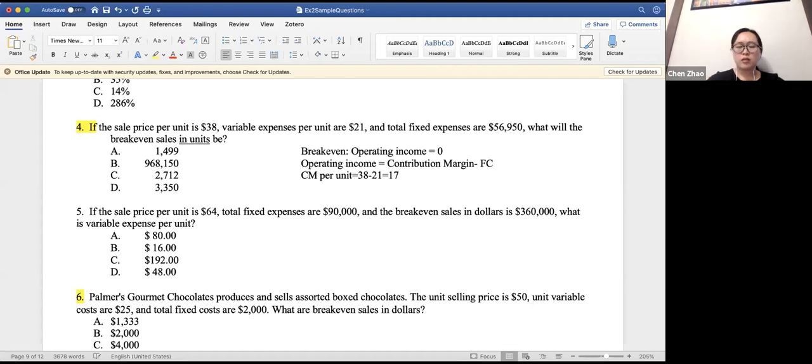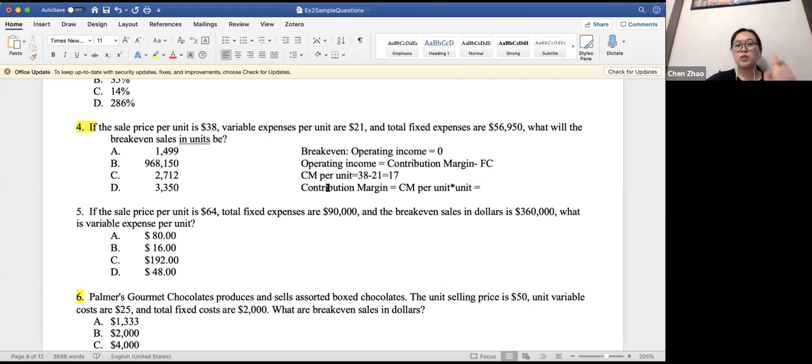And then we know our total contribution margin will be equal to our contribution margin per unit times the units, okay? Let me go to the next slide.